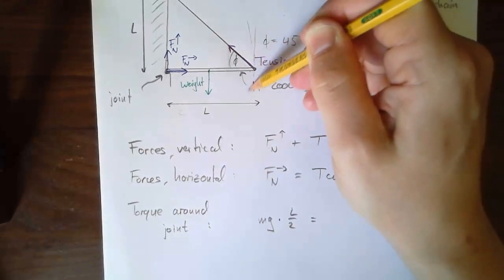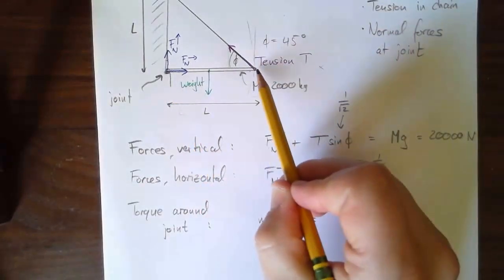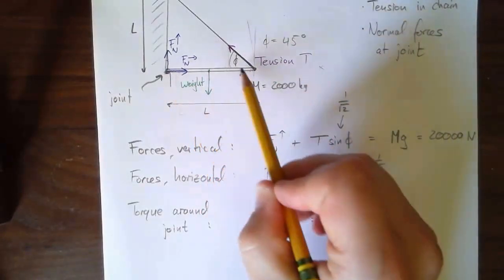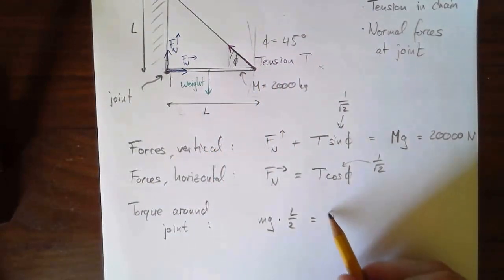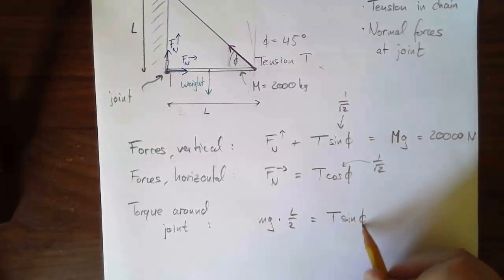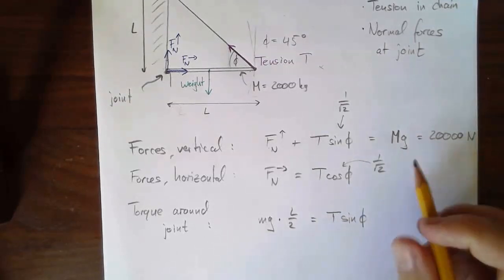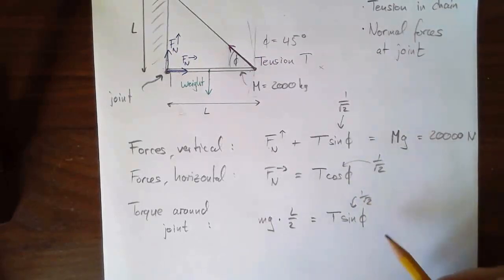Tangential in this case means vertical because the line between the pivot and where the force acts is perfectly horizontal. So this is going to be equal to T sine of the angle, and again we know this is 1 over root 2, just writing it out in case the angle is different in a different scenario.